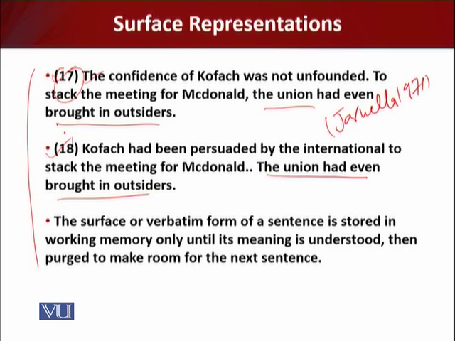Those are similar to the results also proposed by Sachs, 1967.